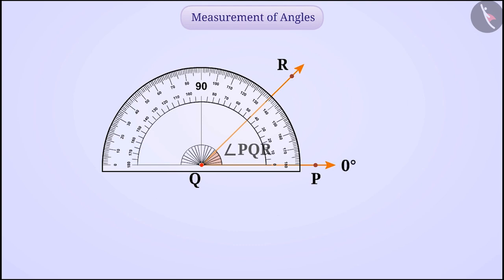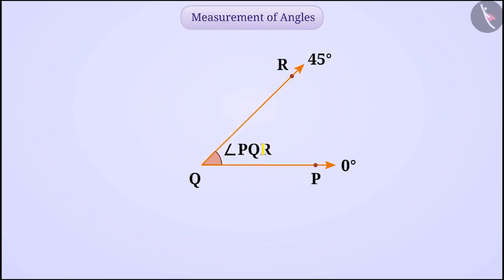Therefore, we read that scale shown on the protractor on which PQ is expressed as 0. Moving ahead, on this scale we will see which markings the other side of the angle is pointing to. Like here, QR is pointing to the mark 45 representing 45 degrees. With this, we can say that measure of angle PQR is 45 degrees.